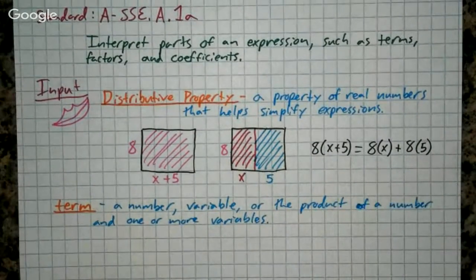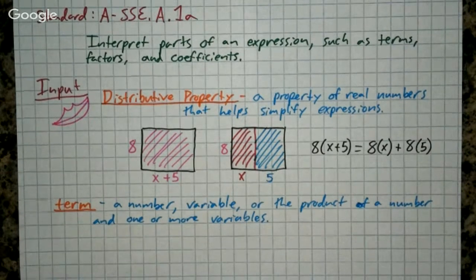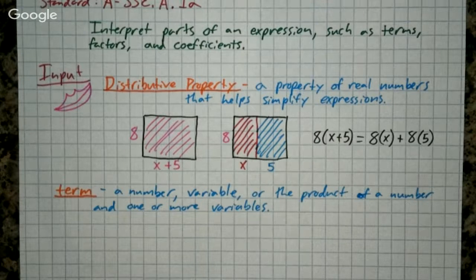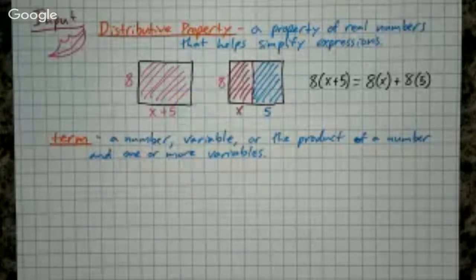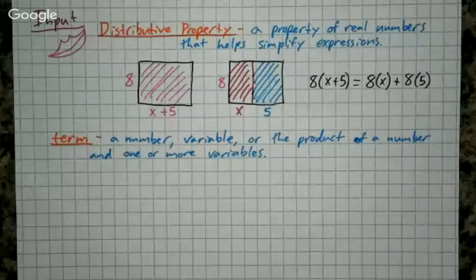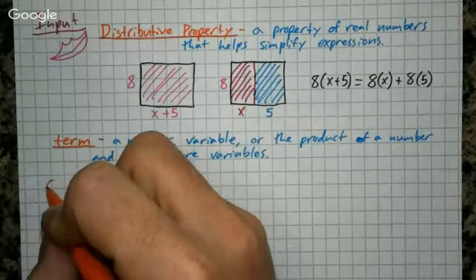Now, if you think about that, that covers a lot. That covers a number, any variable, or the product of any number and any variable or variables. So it's pretty much everything. Everything can be a term, and we'll see that as we go into some of the stuff we're learning about today. The next one is going to be constant.